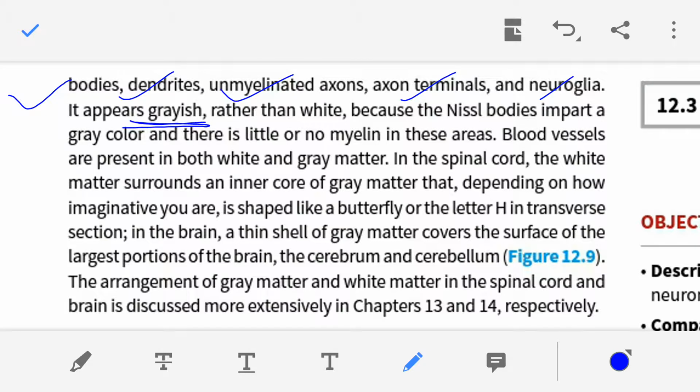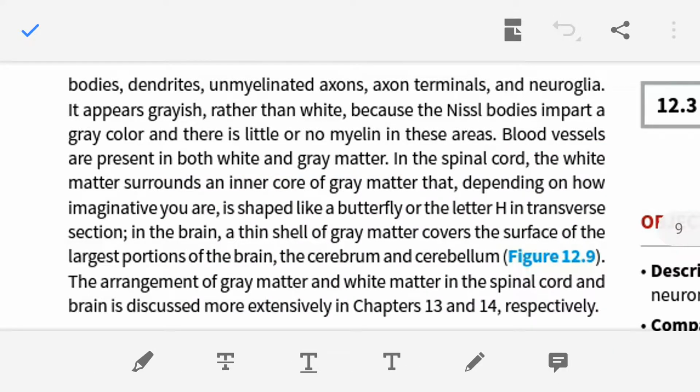And gray matter looks gray because the neuronal cell bodies impart a gray color, and in gray matter there is little or no myelin at all. Blood vessels are present both in gray matter and white matter.